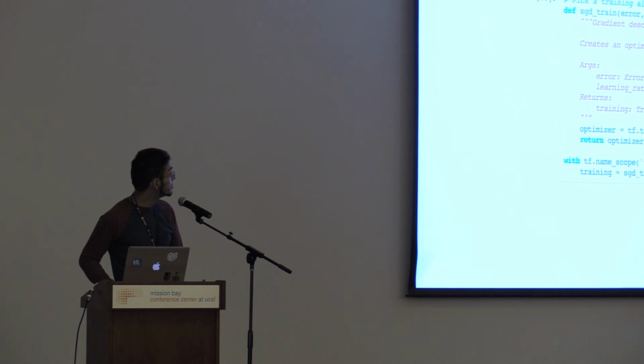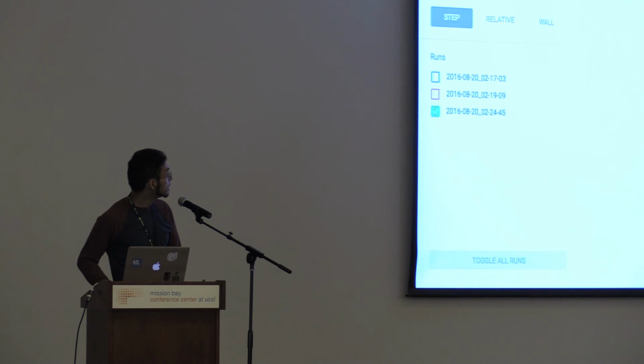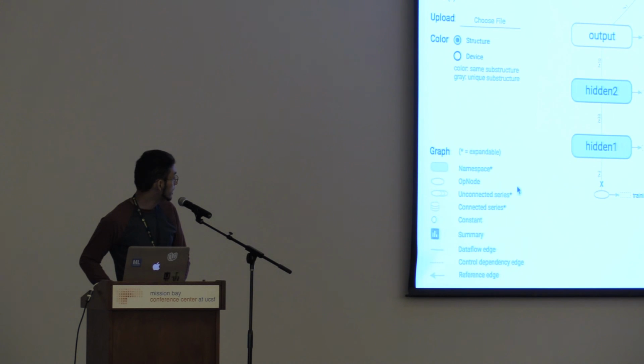And in TensorBoard, when you look at the graph, it lets you filter by device. So in this case, all these operations are running on the same device. That's why they're all the same color. But if I had them running on different devices, it would show them here. So you can do that.